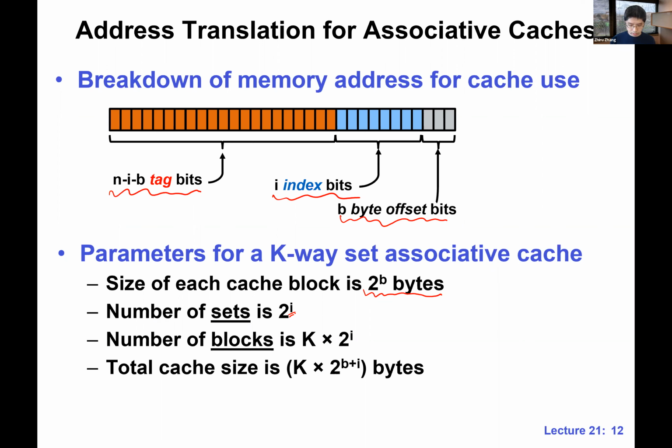Then given the number of ways, we can determine how many blocks we have in total in the cache, basically K times the number of sets. Given all of this information, we can determine the total size of the cache. I'm not going to spend too much time on this. It's very straightforward, but make sure that you verify the maths here.